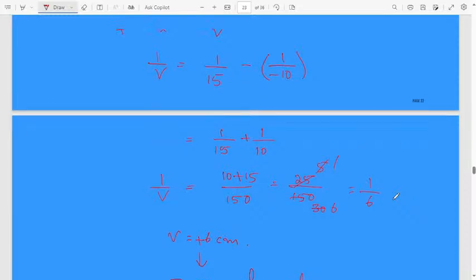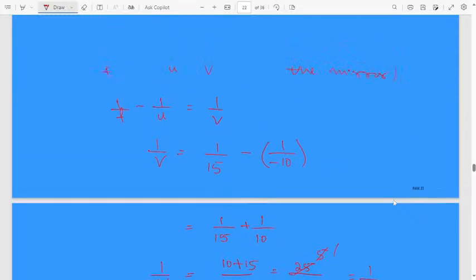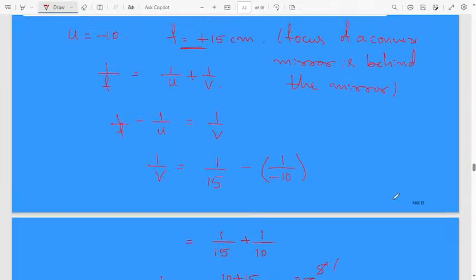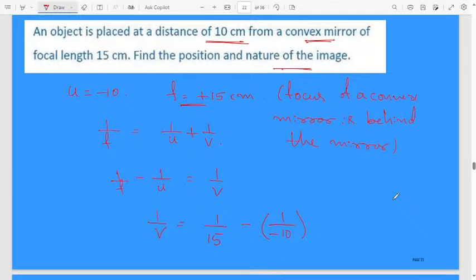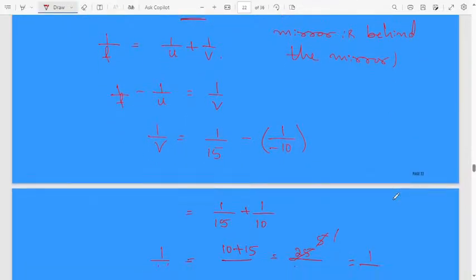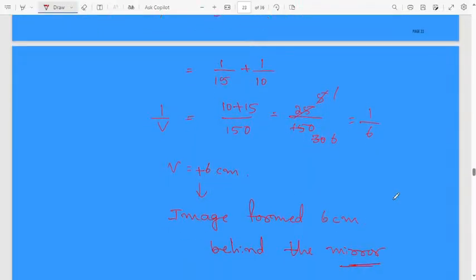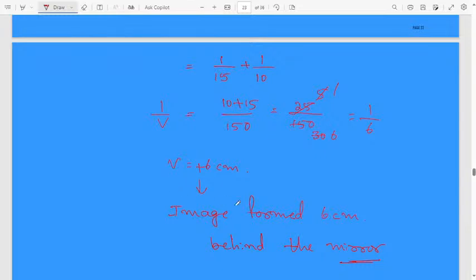Revise, okay? I gave the list of formulas, take the list and at least revise, then you can easily solve in the exam. Here plus 6 centimeter indicates the image will be formed behind the mirror. Take the same problems and solve them, it will be easy for you.